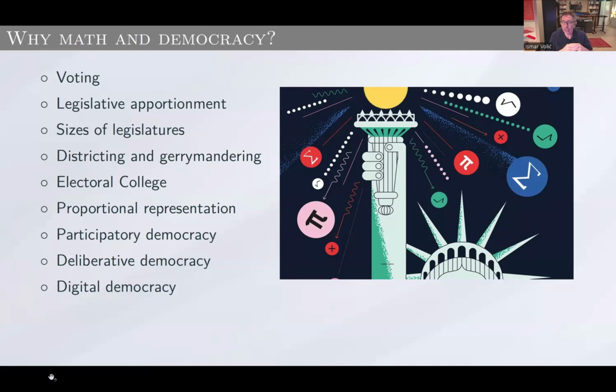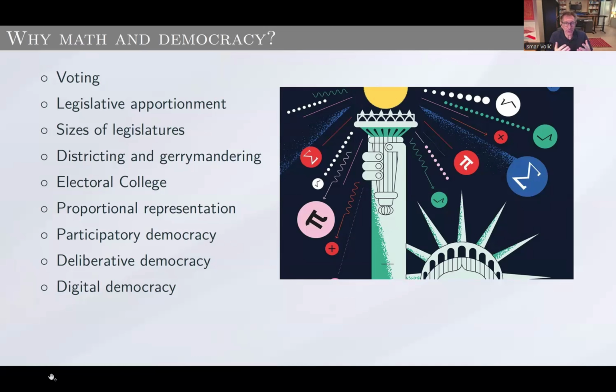And then, one of the bullet points is the electoral college. This is specifically an American invention of electing presidents using the electoral college. I'll say something about that in passing. But other than the electoral college, all of these things listed on the slide are kind of universal.